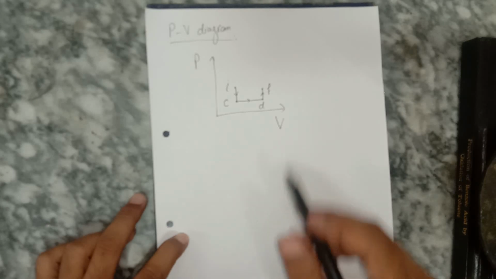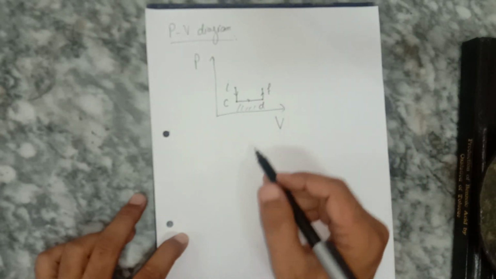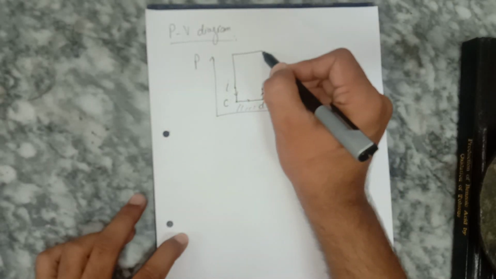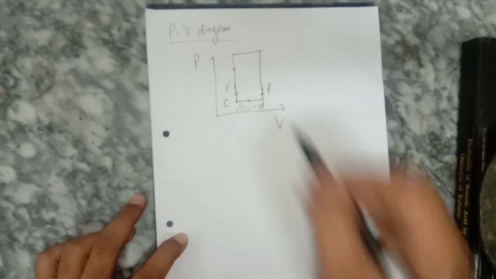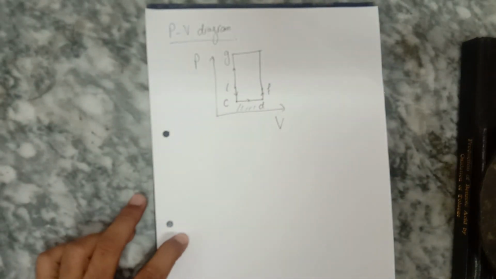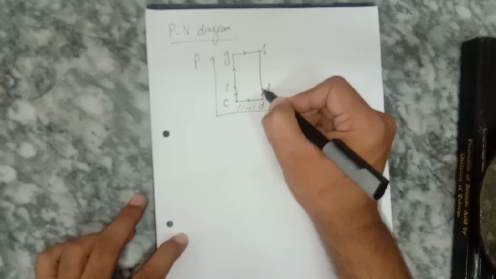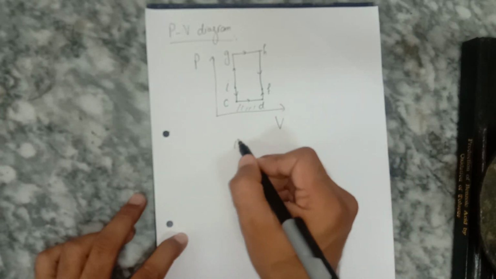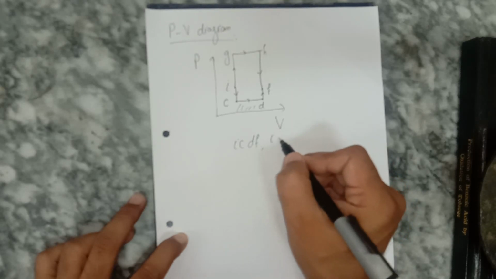And you can see that work done in this case would be like this one, right? And suppose I take another path. I go from this initial point to point G, and this point is H, and then I come back to this F. So there are two paths, one is ICDF and the other one is IGHF.